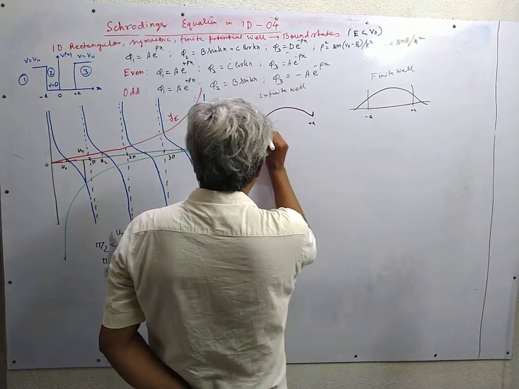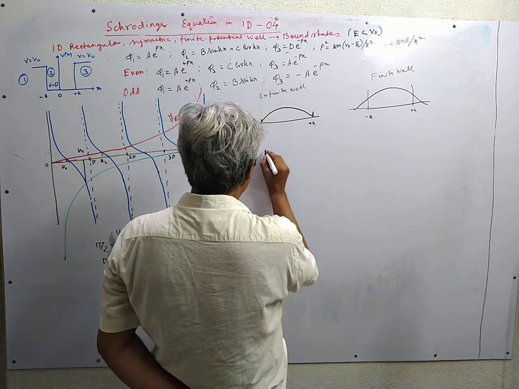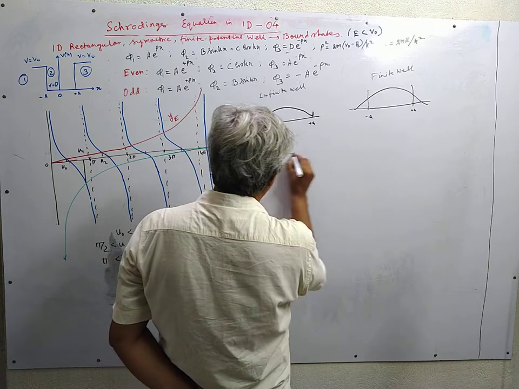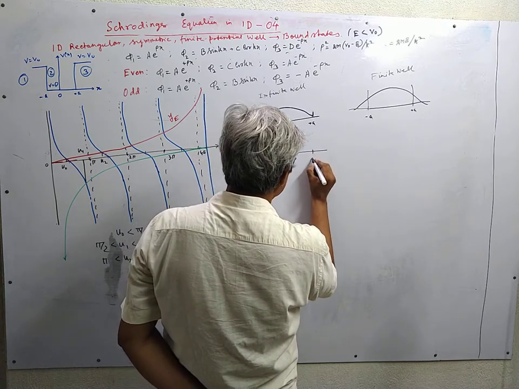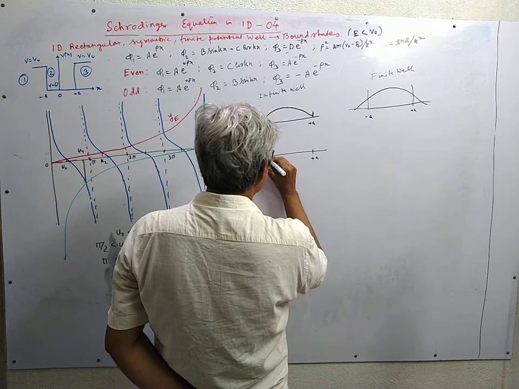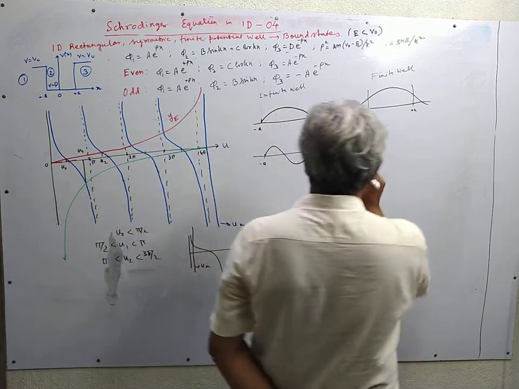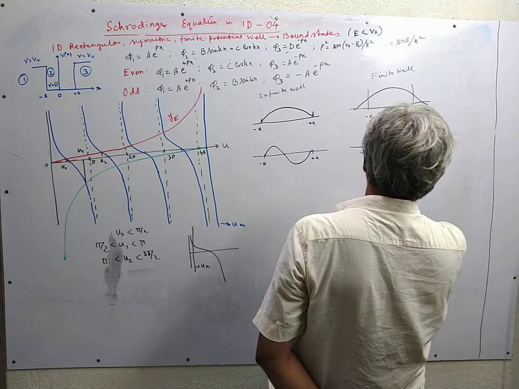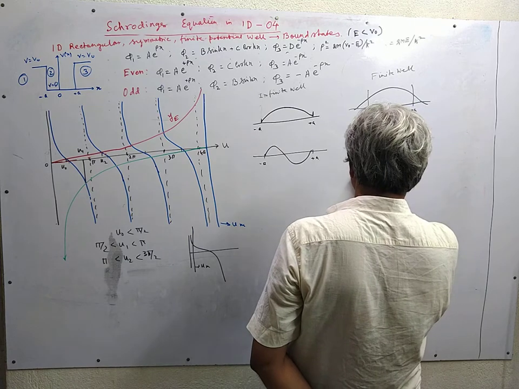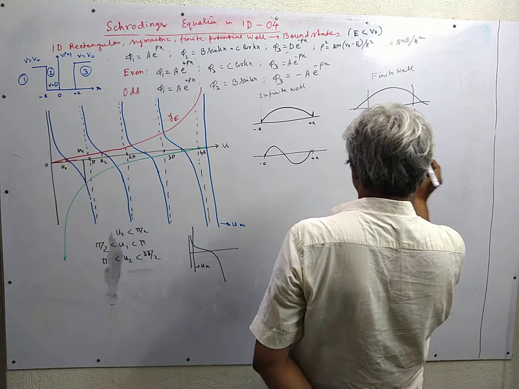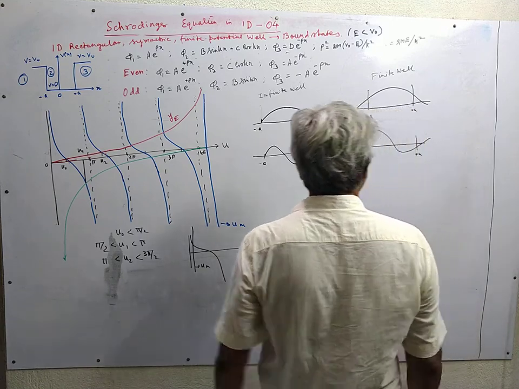This is the ground state wave function, and if we consider the first excited state, it had such type of behavior, and for the finite well the behavior will be like this.